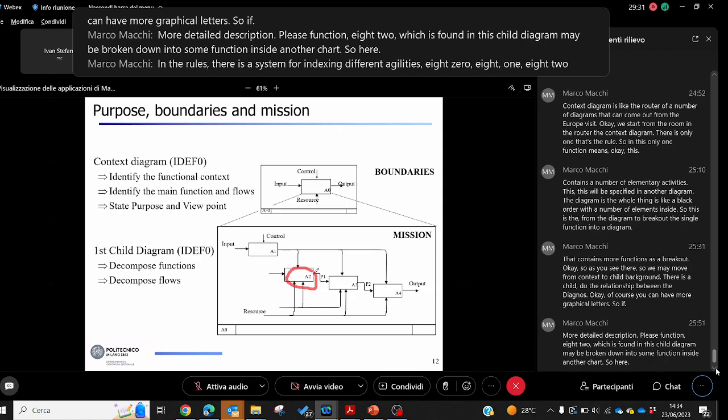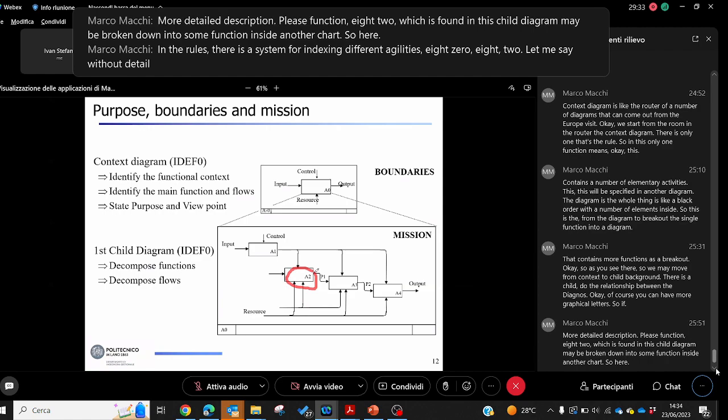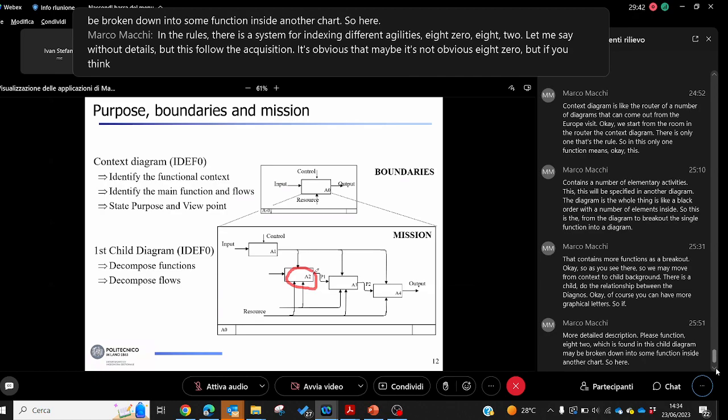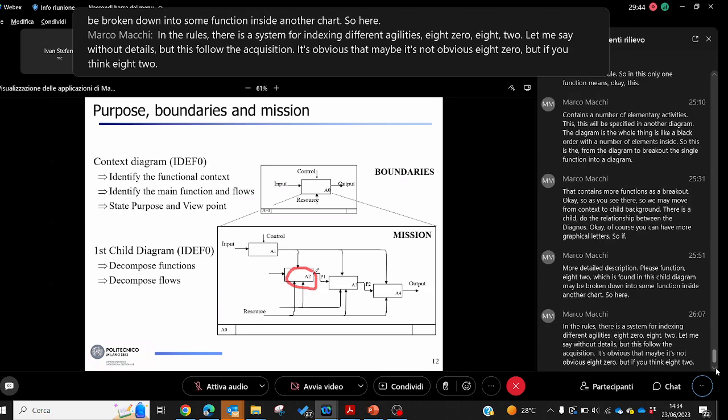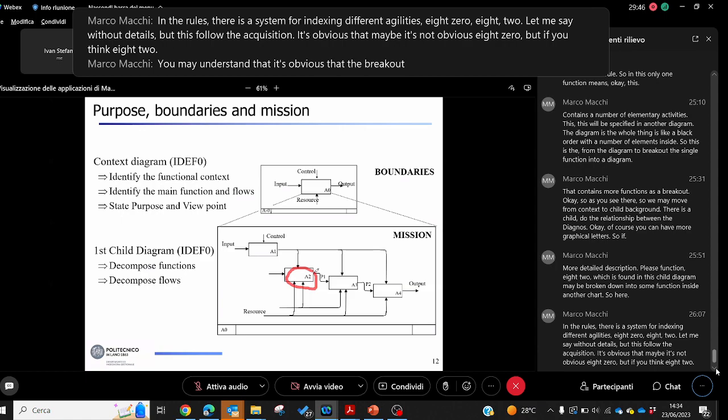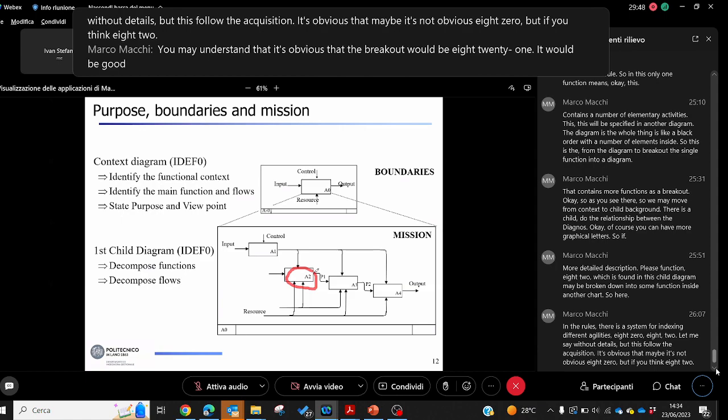Let me say, without details, that this follows the hierarchization. It's obvious, maybe not with A0, but if you think of A2, you may understand that the breakout will be A21, A22, and so on. Okay? So in that sense, you have some indexing of the single functions.